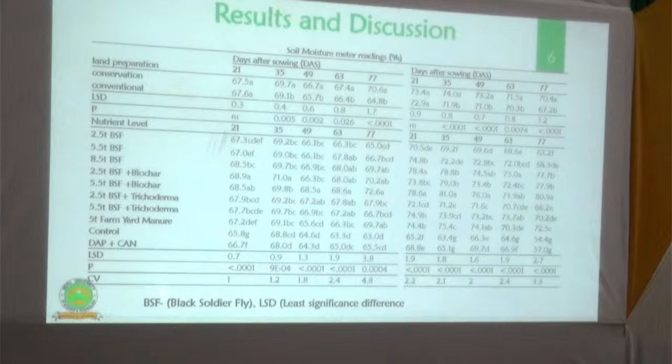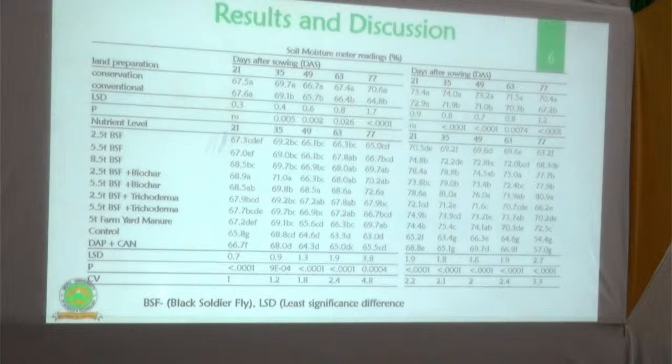So this is the data for the moisture, and I found that the conservational land preparation method recorded the highest moisture percentages throughout the growing season.